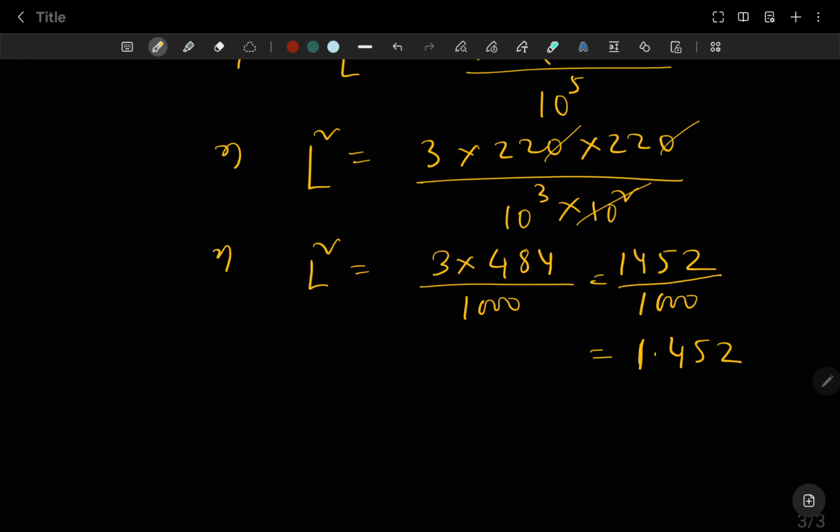Okay, so L will be nearly root 1.45, that is root 1.5. So root 1.5 is nearly root 15 by root 10, so root 15 is nearly 4 by root 10 is nearly 3, 4 by 3, so it is 1.3 Henry. Okay, nearly.